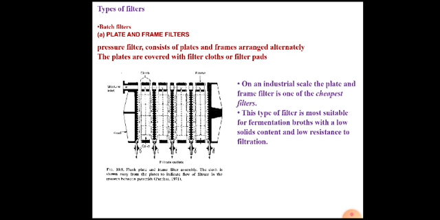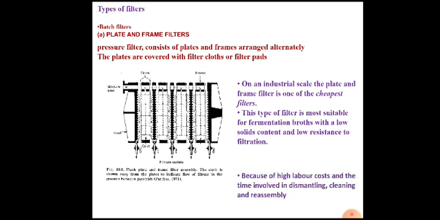It has low resistance to filtration, but it is highly laborious because of high labor cost. It means the cleaning is difficult, and dismantling, cleaning, and assembling the plate filters is a time consuming process. But nowadays we have advanced technology in which plate frame filters can work continuously, that we'll see in the next slide.